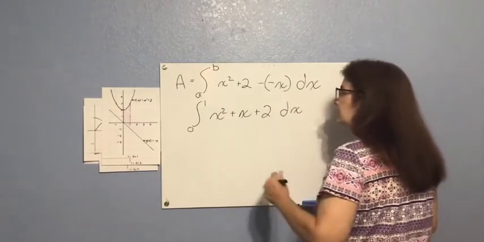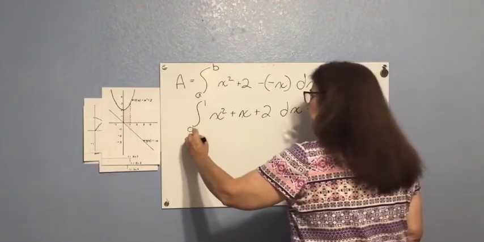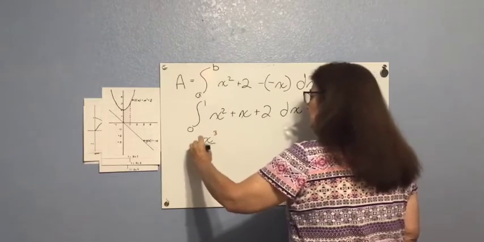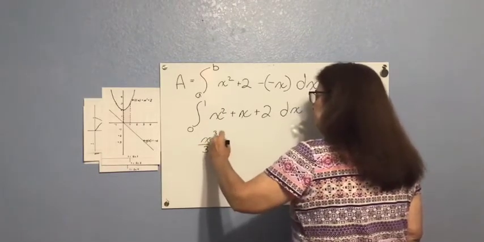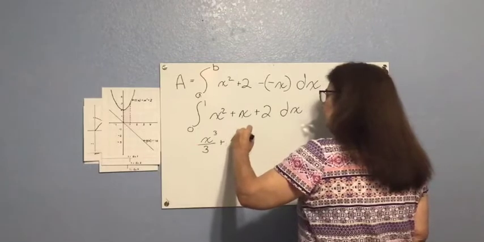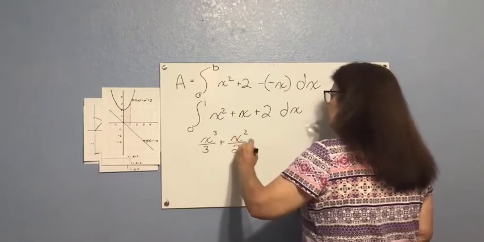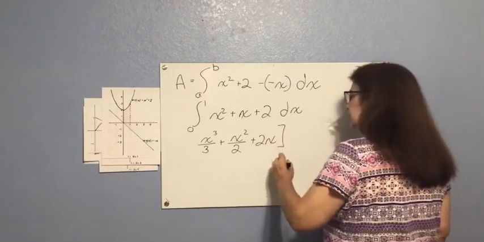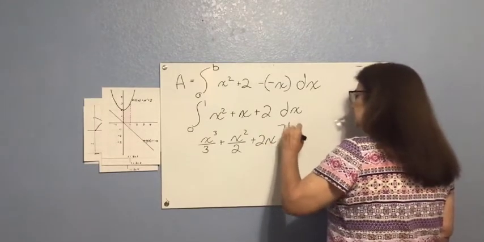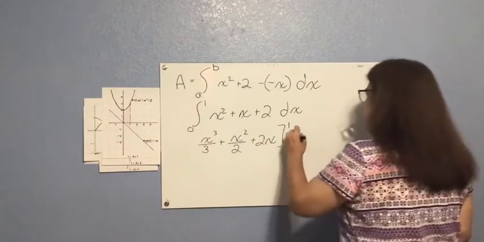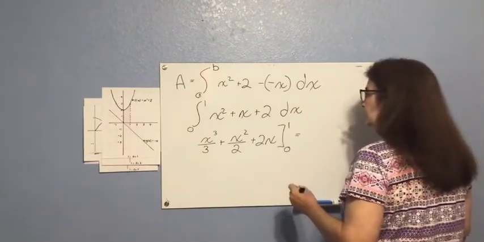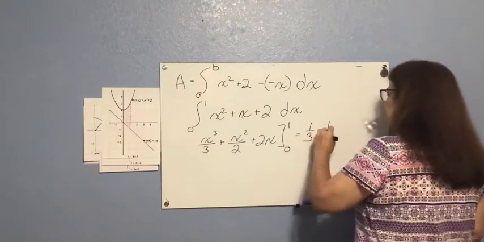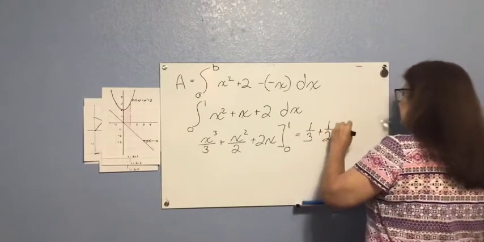Now I can integrate each one of these terms separately. So x squared becomes x cubed over 3 plus x squared over 2 plus 2x evaluated from 0 to 1. So this is going to give us 1/3 plus 1/2 plus 2.